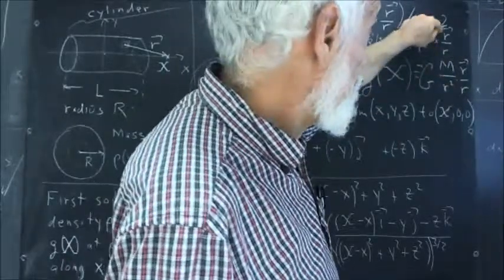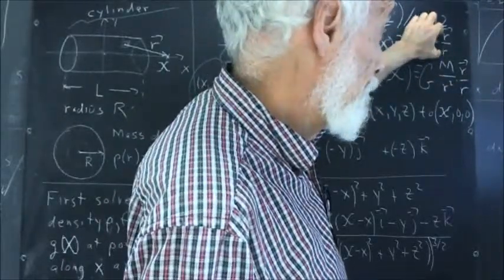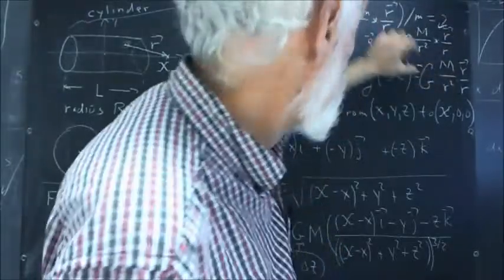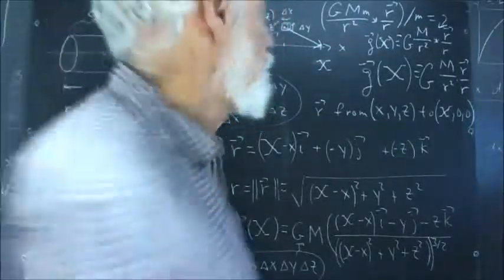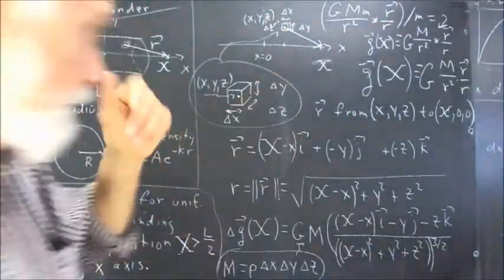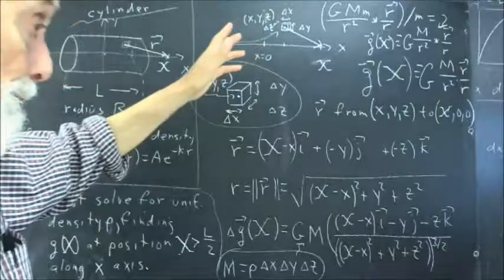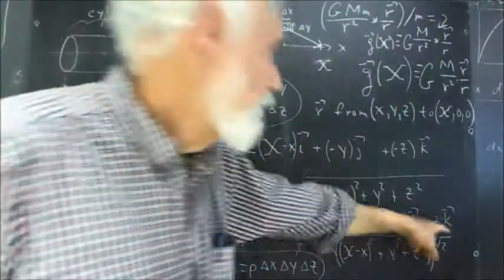I like to write this with the big R over little r to emphasize the fact that this is a unit vector being multiplied by the magnitude of the field. I was going to put a negative in there, but I see I already did. So that's your expression.